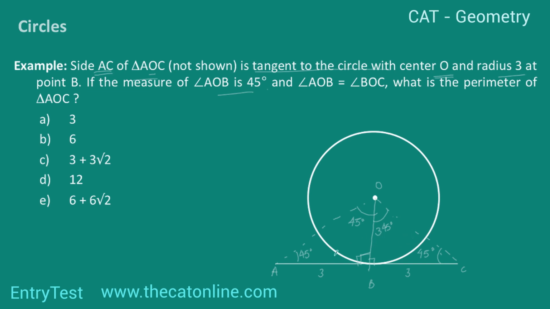So if this is 3, this is 3, I would get this side as 3 root 2. This side will also become 3 root 2. What is the perimeter of triangle AOC? This will be 3 root 2 plus 3 root 2, which is 6 root 2, plus 6. So I'll have 6 plus 6 root 2 as my answer to this question.